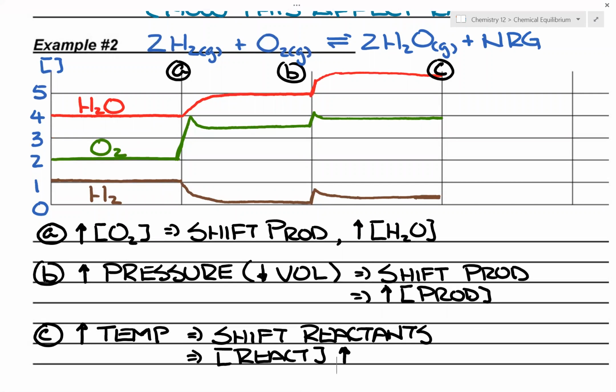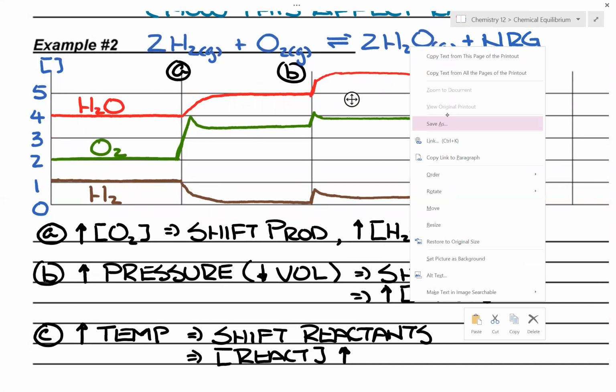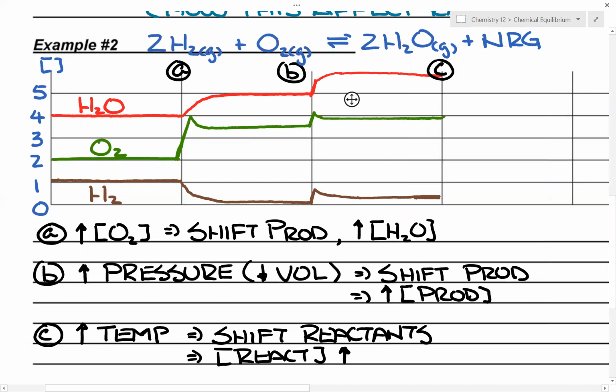So when you increase the temperature, how does it look? In this particular case, there is no peak. So here, we would go up. Let's say it goes up half. Okay.